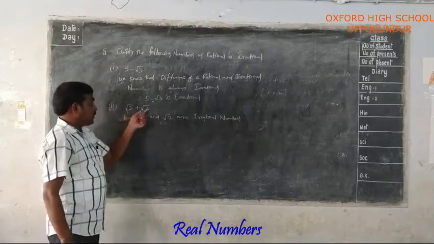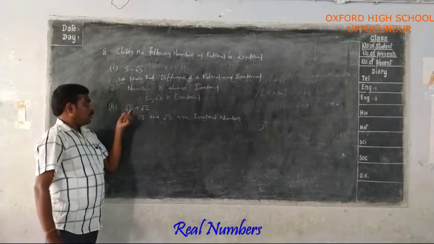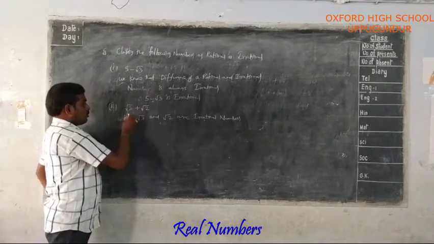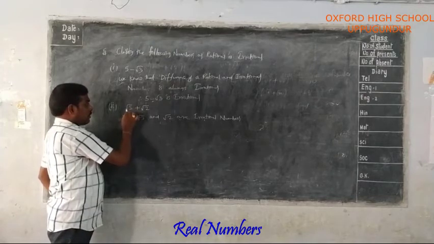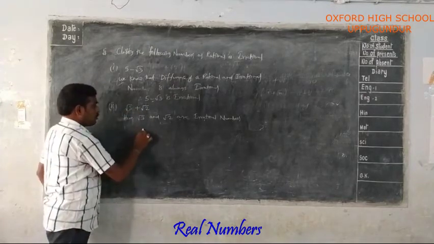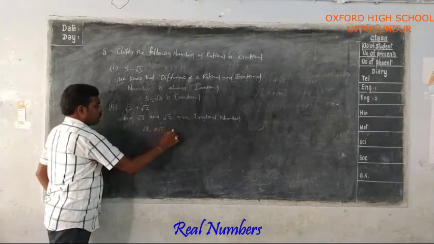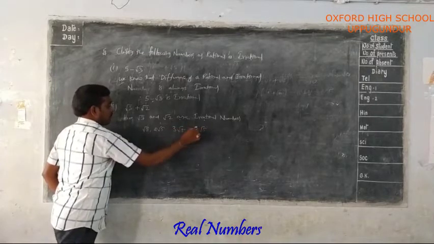and these two are dissimilar surds. Dissimilar surds means here root 3 is there, here root 2 is there. Surds which have the same rational number in the square root are similar surds. Suppose root 5, 2 root 5, 3 root 5, 4 root 5.